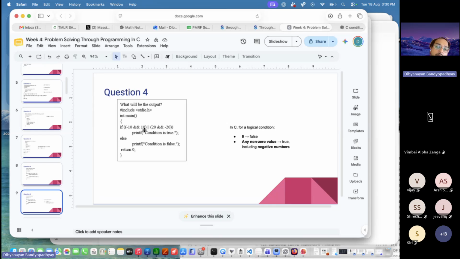So this expression, how to evaluate them. If you have any non-zero values, including negative numbers, then the whole expression will evaluate to true. Okay. And if it is 0, then it is false actually. So try to use this hint and see it yourself how you have to evaluate the expression.